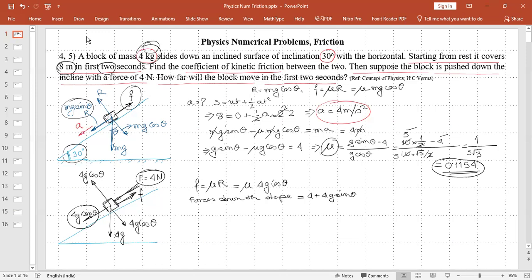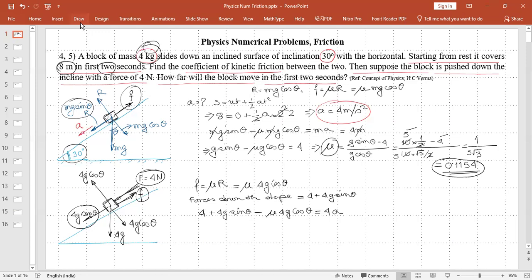In that case, the total downward force, that is 4 plus 4g sin theta, minus the upward force small f, which is mu 4g cos theta, will create the acceleration of the 4 kg mass. Right?